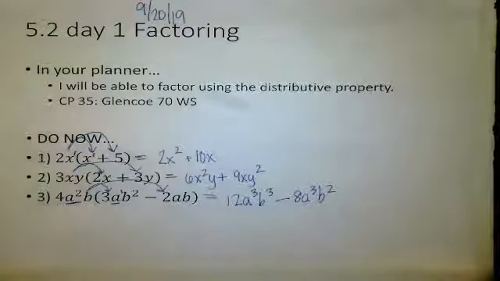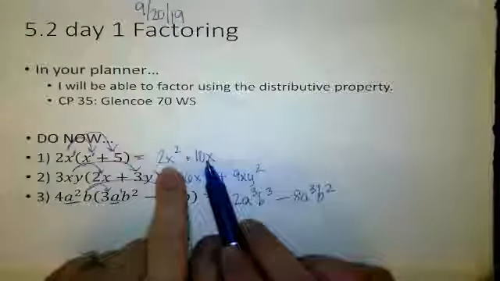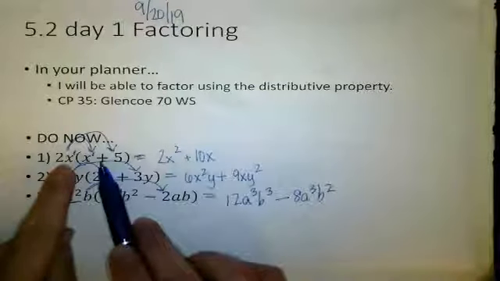This is distributing. Hopefully, you're very good at that. Okay? Hopefully, that's very easy. Because today, we are doing it in reverse. We are starting here and going back to this undistributed form. Okay?